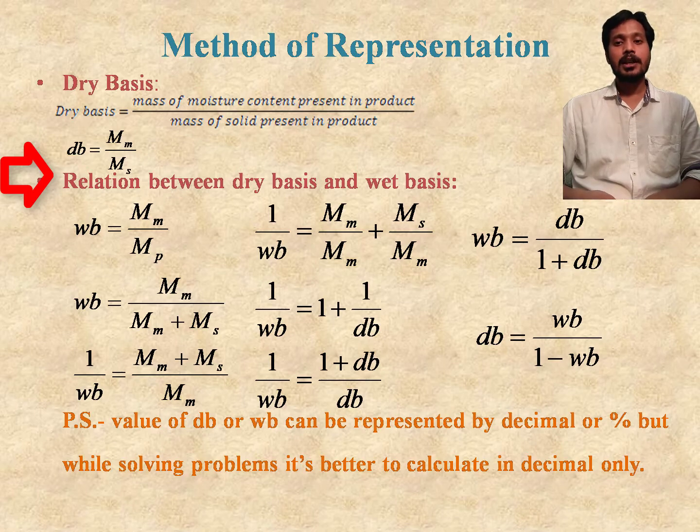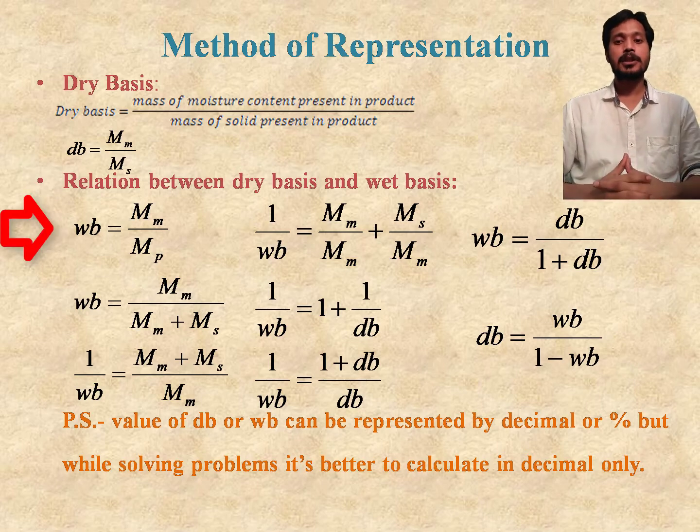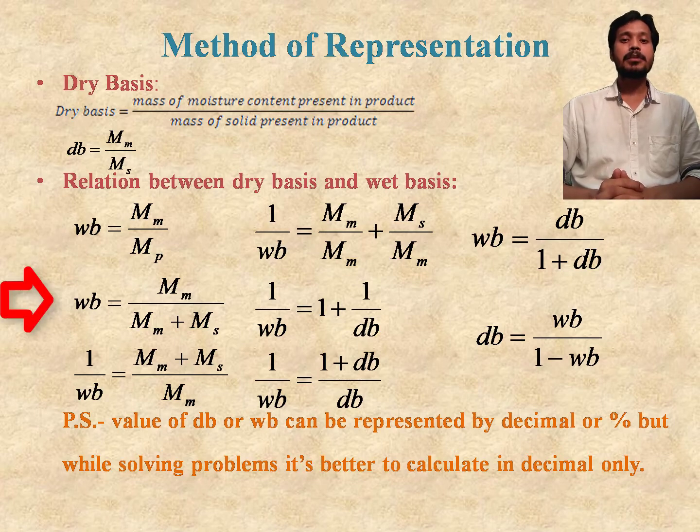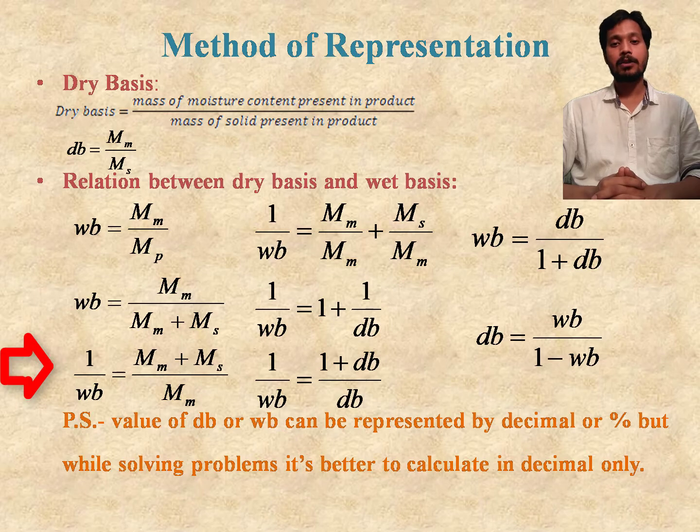So if we start from wet basis, what is wet basis? As per the definition, mm divided by mp. This mp can be simplified into two terms: mass of moisture plus mass of solid. So in the next line I can write WB equals mm by mm plus ms. Now if we reverse both sides, the left hand side becomes 1 by WB, and the right hand side becomes mm plus ms divided by mm.